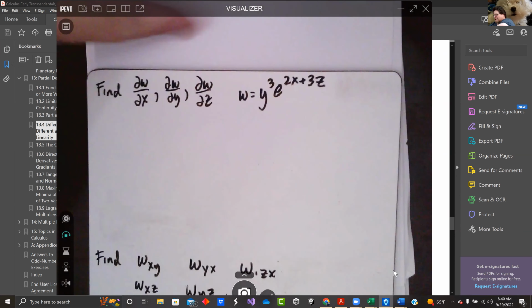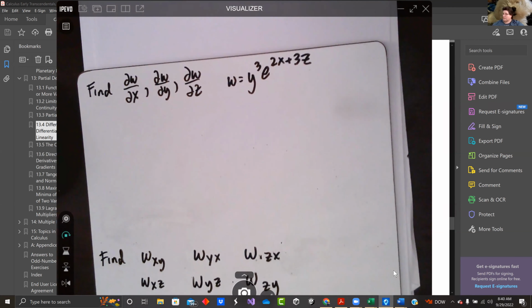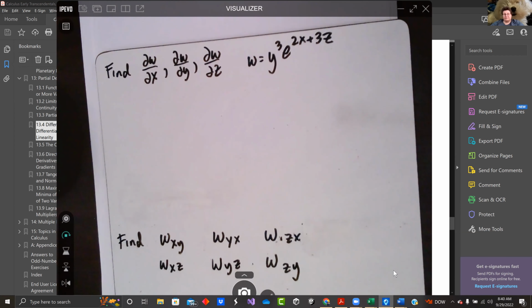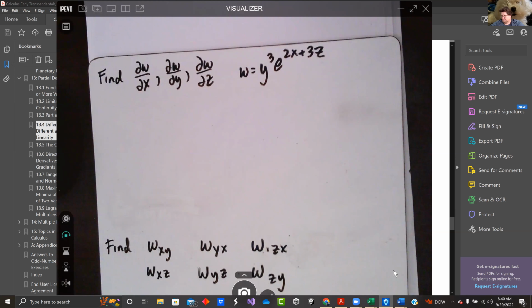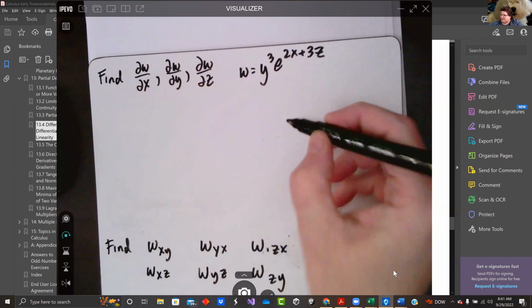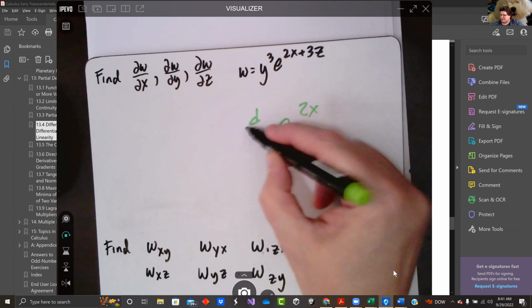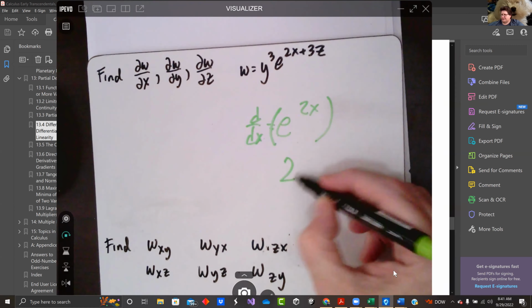Well, let's start with the simple thing here first. So as a reminder, since this was an issue on the test, the derivative of e to the 2x is 2e to the 2x.